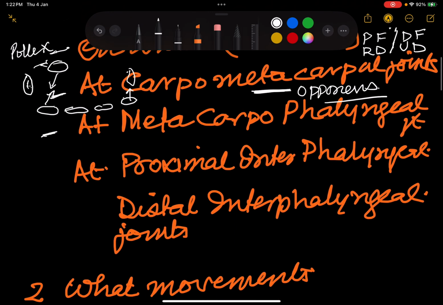Then at the metacarpophalangeal joints, there is flexion, extension, adduction, and abduction, and there is no rotation. At the proximal and distal interphalangeal joints, there is only flexion and extension.